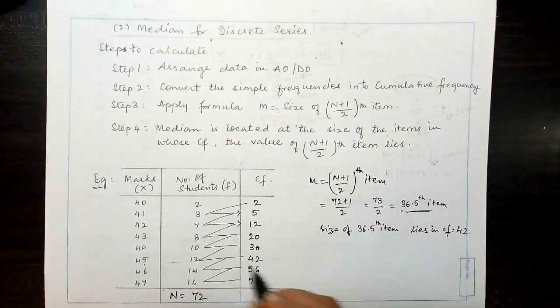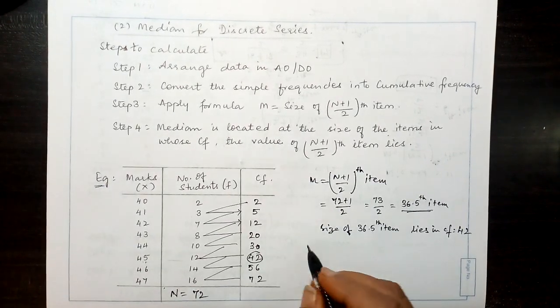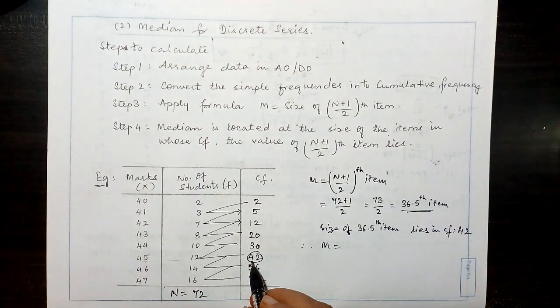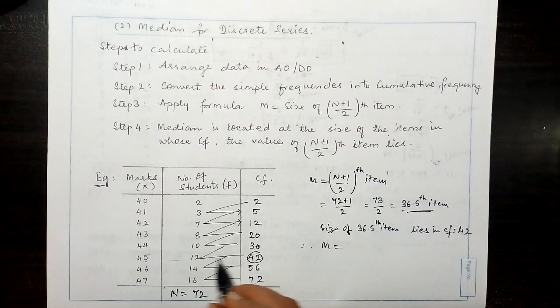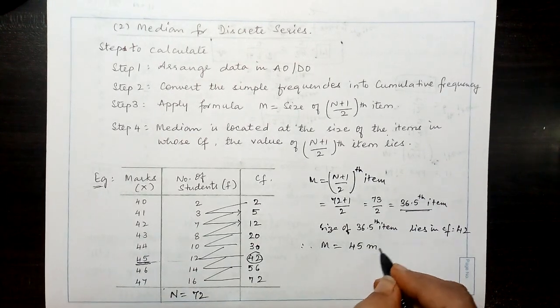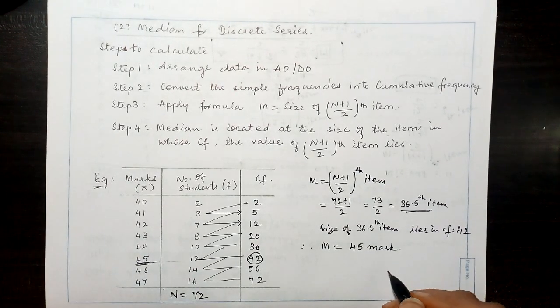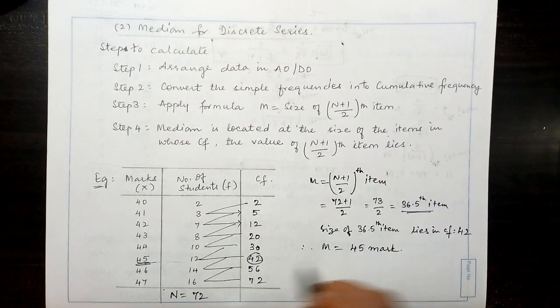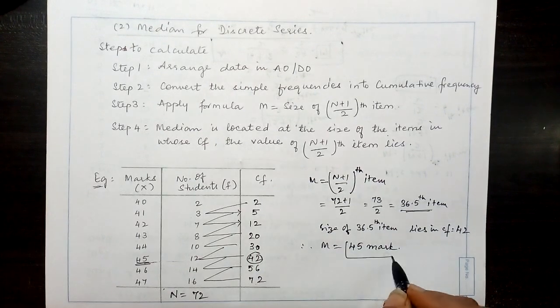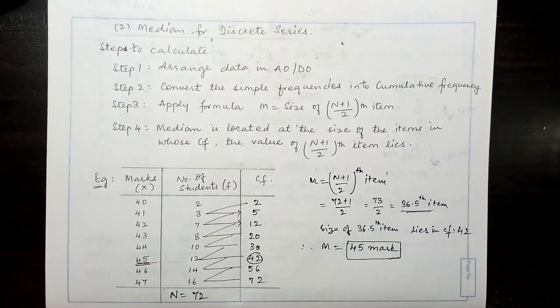Cumulative frequency 42 here. Therefore, median will be equal to, what is the mark corresponding to the cumulative frequency? It is 45. So the median mark would be 45. Okay. So that is the median.